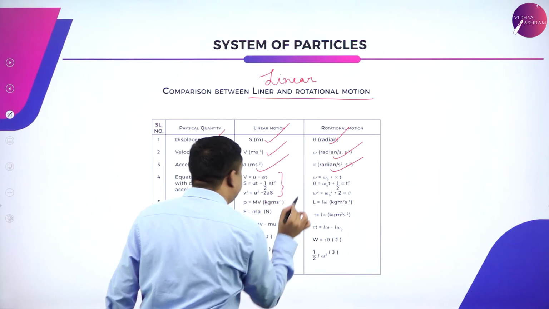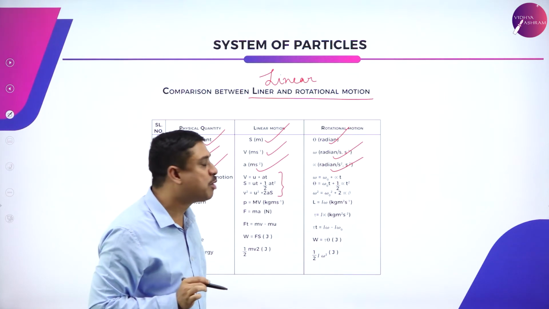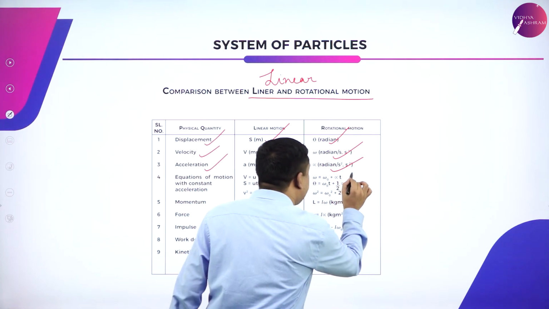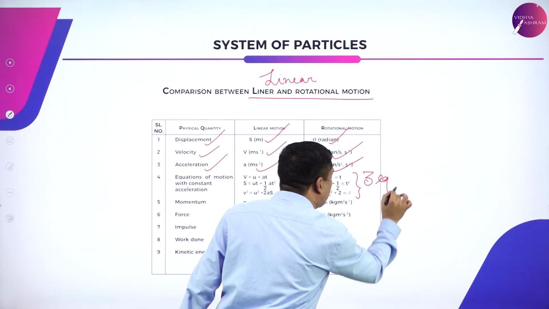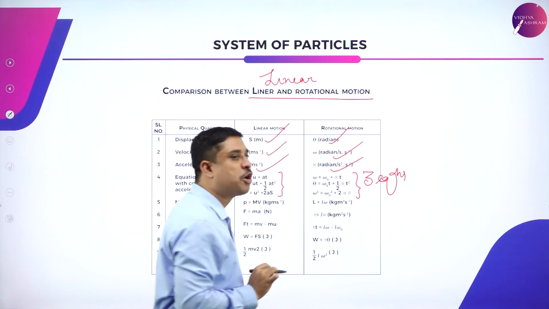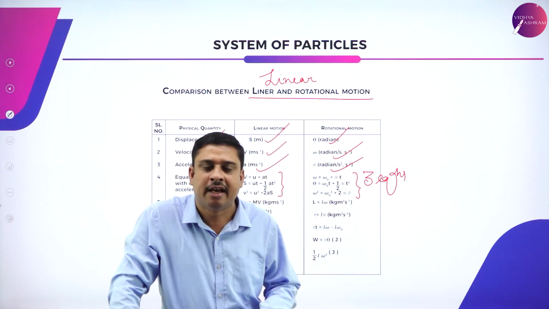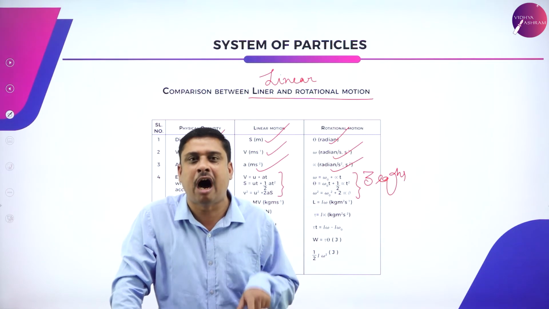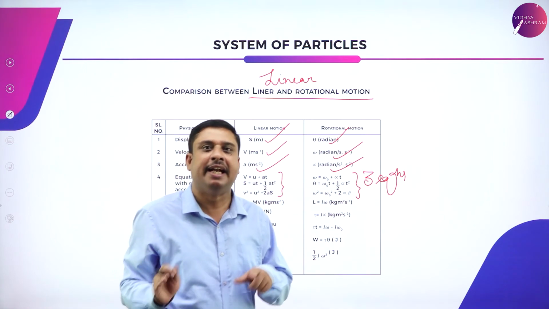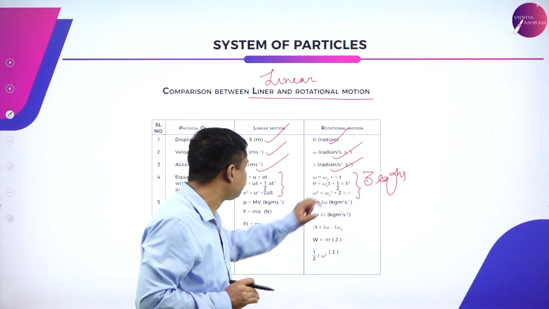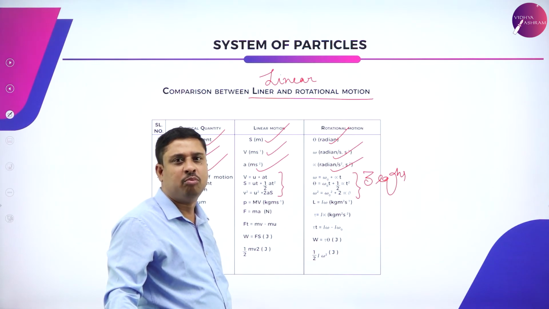These are the three equations of motion for linear motion. Comparing, these are the three equations for rotational motion, transcribed in the form theta, omega, alpha. Comparing it with linear motion, three equations for rotational motion.